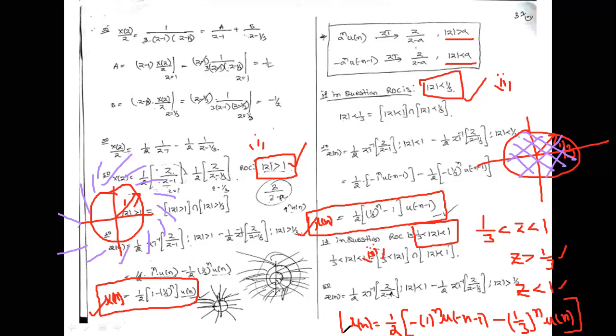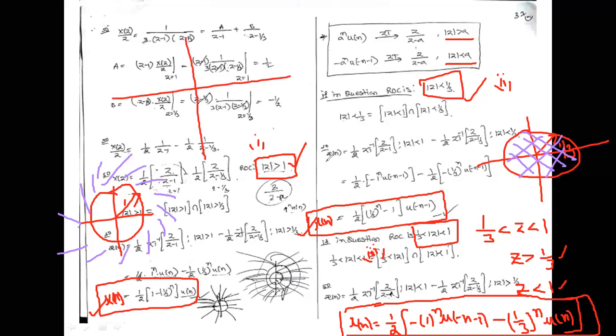Now for the third case, the time domain function is x of n is equal to 1 by 2 whole multiplied with the first function, minus of 1 power n mu of minus n minus 1, minus 1 by 3 whole power n mu of n. But what is the ROC here? Because the two circles we have, first of all, let's take greater than 1 by 3.